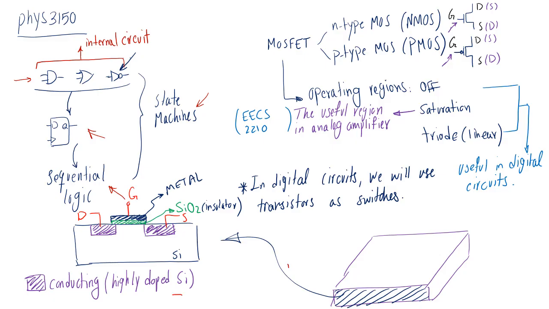then the first thing you notice is that I have basically a metal here, and then an insulator, and then a semiconductor as the silicon. So it's kind of like a sandwich of metal, oxide, semiconductor. So that's where the MOS is really coming from. So basically, because metal is a conductor and silicon is, well, a semiconductor, and in between I have an insulator, it is almost like I have a capacitor here, right? Because a capacitor is a conductive plate, an insulator in between, and then another conductive plate.